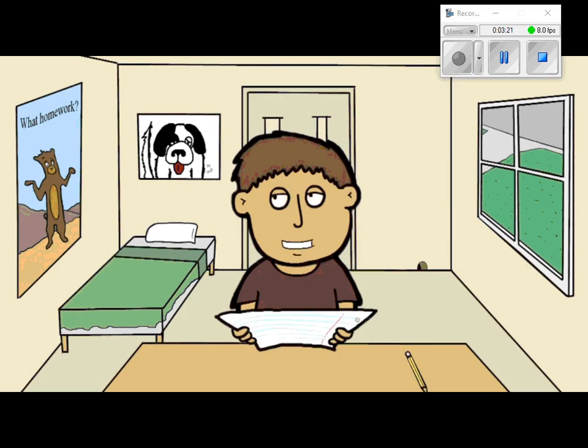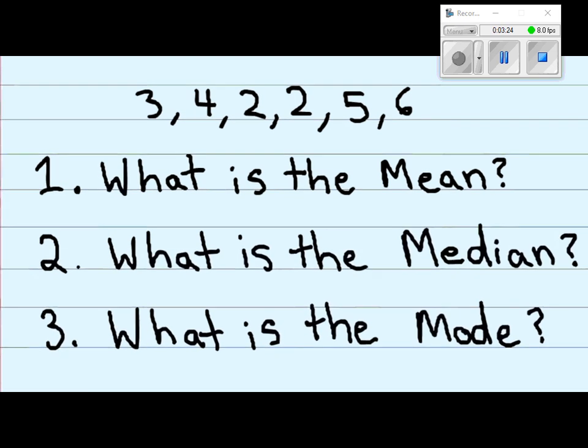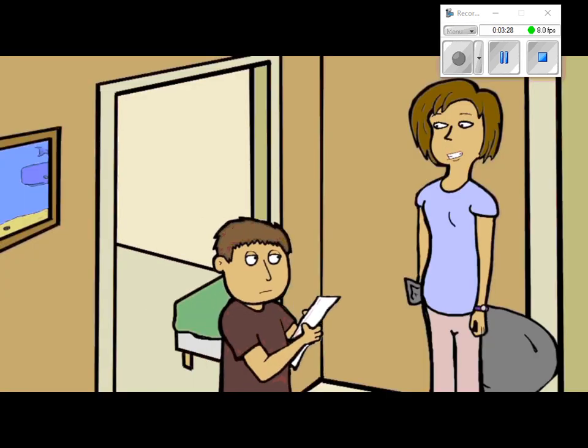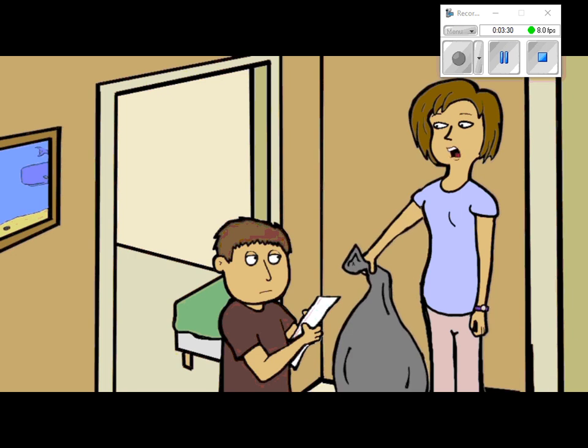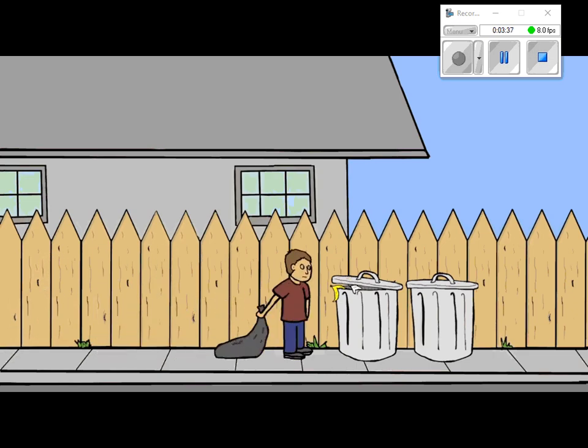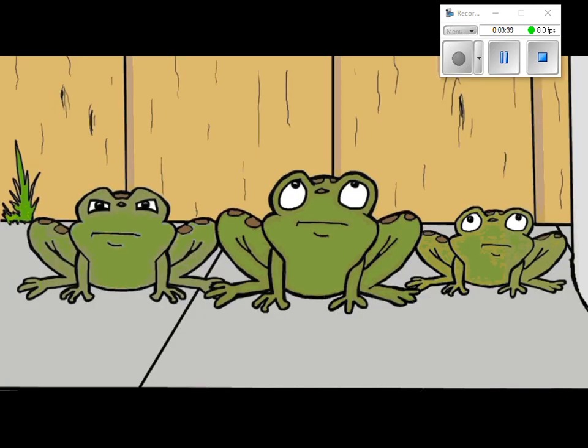Mom, stuck on this assignment. Oh, Cody. We'll take a break for a second and take the trash out, and then we'll get to work on it. Now here you're in a little trouble with your mathematics.